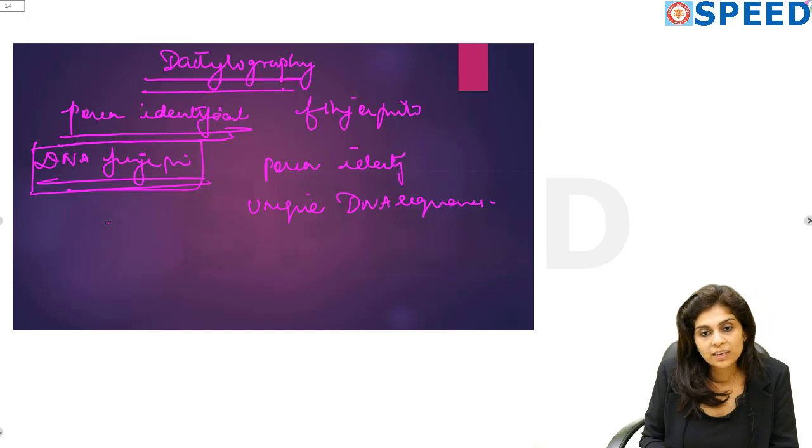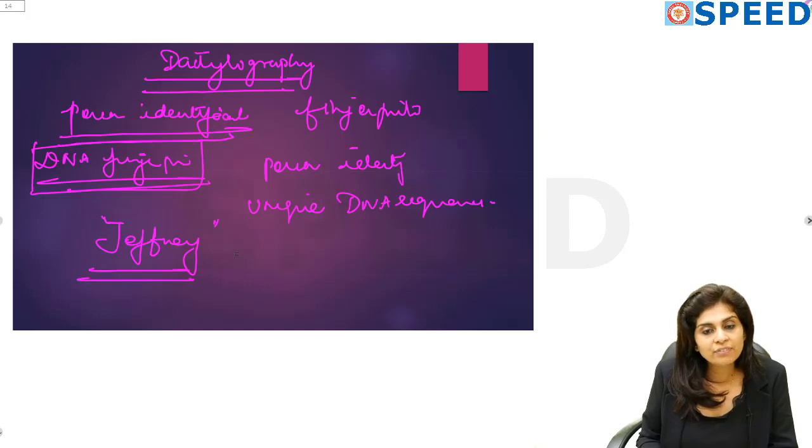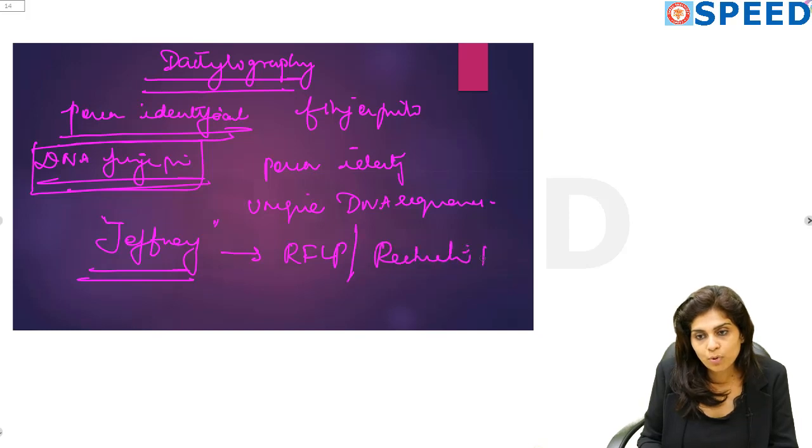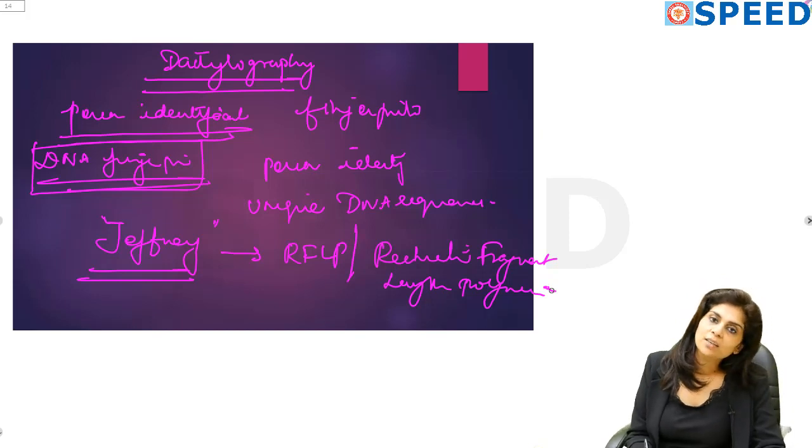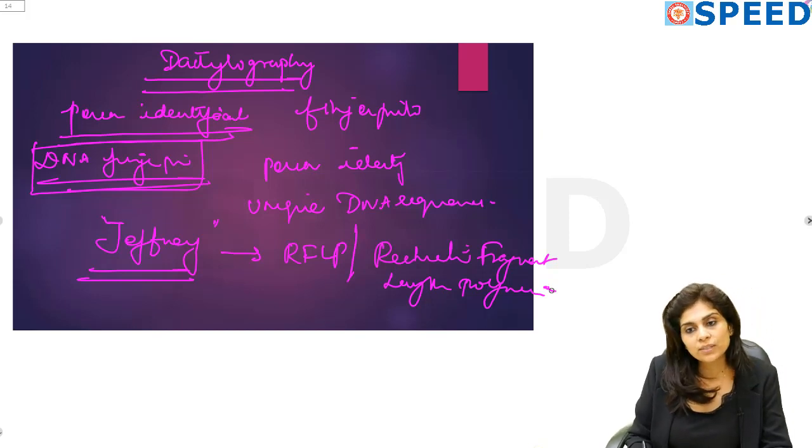And as I told you when I started the session, it was first identified by Jeffrey. And when Jeffrey identified it, he used RFLP or restriction fragment length polymorphism for person identification. Even now in many centers they use RFLP for person identification.